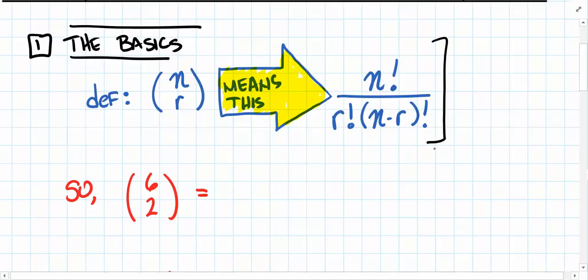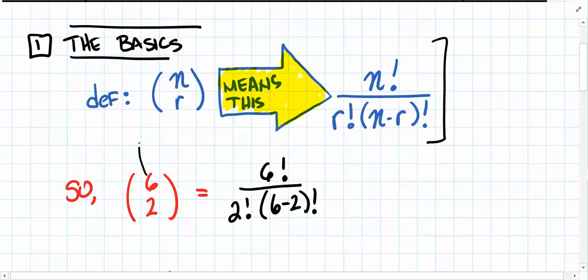It looks kind of weird, but right now all we're learning is what it means to be a binomial coefficient. So, as an example, 6 over 2 literally means 6 factorial over 2 factorial times 6 minus 2 factorial.